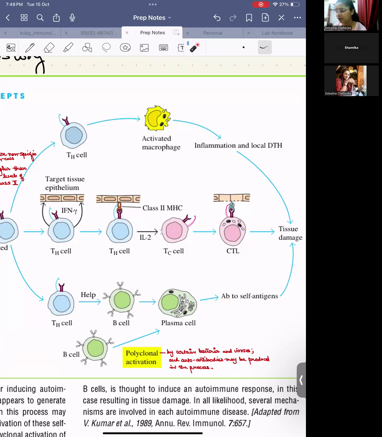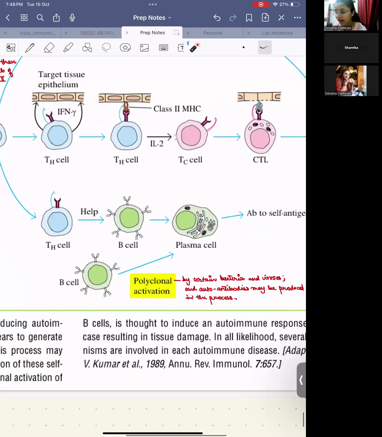And further, in this process of activation of B cells, instead of the B cell differentiating towards a plasma cell which is producing monoclonal antibody, which is normal for the body, I can have a faulty B cell population producing polyclonal antibody.